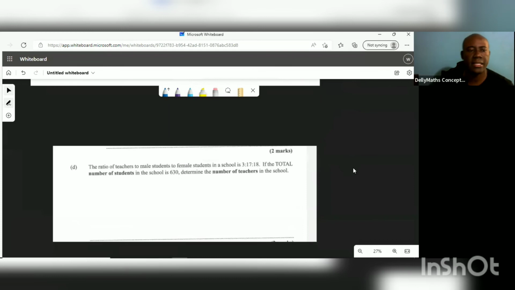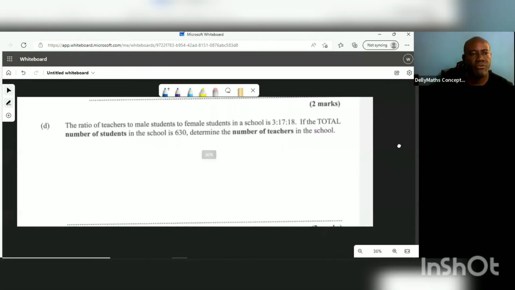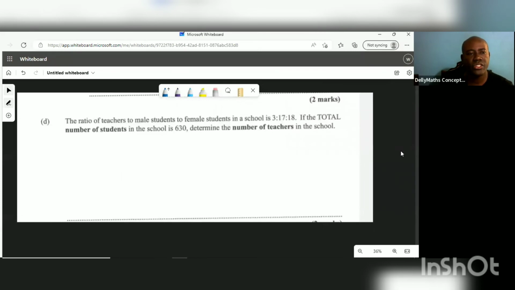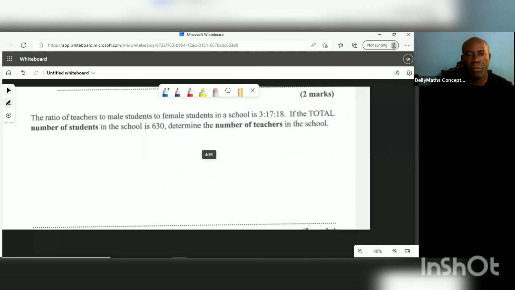The next question says that the ratio of teachers to male students to female students in a school is 3 to 17 to 18. If the total number of students in the school is 630, determine the number of teachers in the school. So basically what we want to do is to make sure that we're on point with our reasoning.